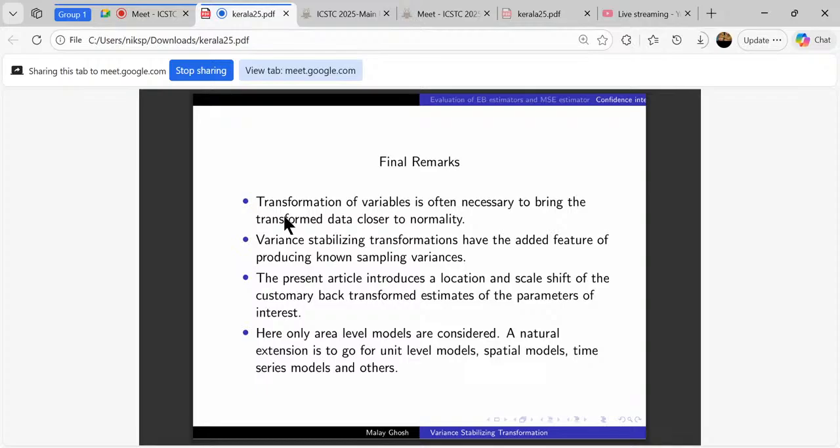The present article introduced a location and scale shift of the customary back transform estimates of the parameters of interest. Here we have only considered area level models, because you can see that we have taken the summary. A natural extension is to go to unit level models, spatial models, time series models. There is a host of things which can be done.